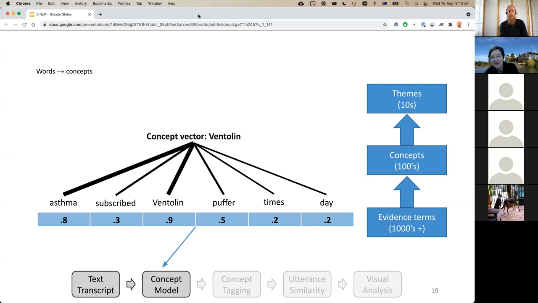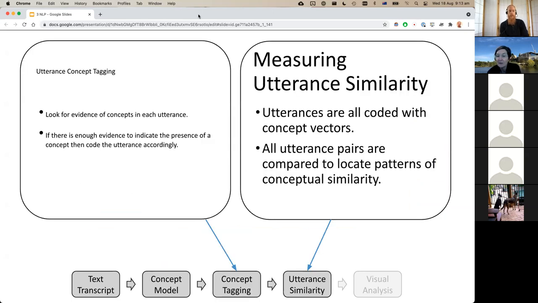Okay, next. Having built the concept model, on the left-hand side here we can see what we do is tag the utterances. So look for evidence of concepts in each utterance. If there's enough evidence, then code that utterance with that tag. And then the next step beyond that is similarity. How do you measure whether two utterances are similar?